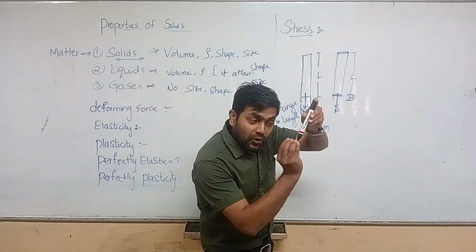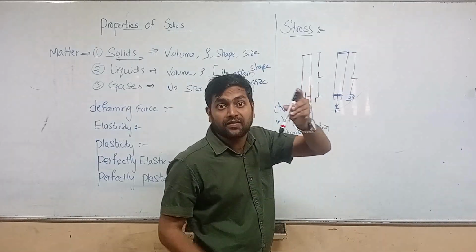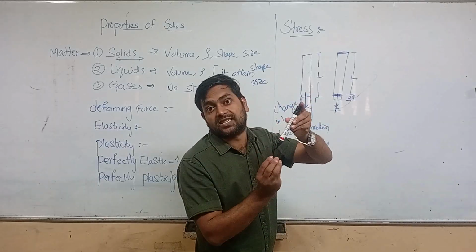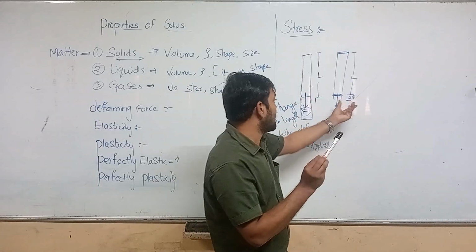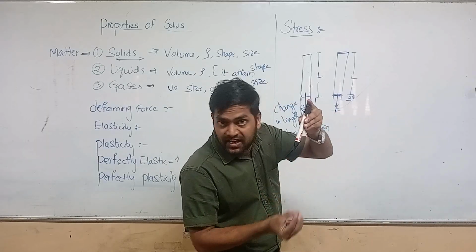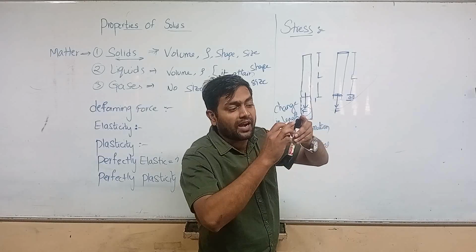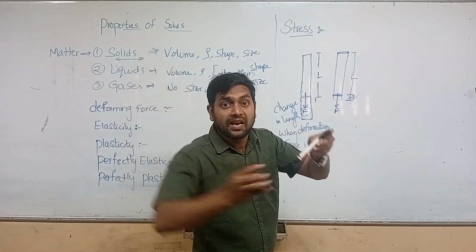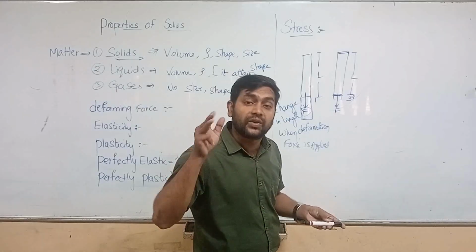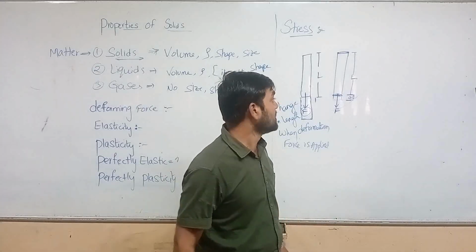When the deforming force is applied, the area is going to decrease. Here I am taking it as decreasing area. The length is increasing, the area is decreasing, and the force is somewhat varying, that means changing.